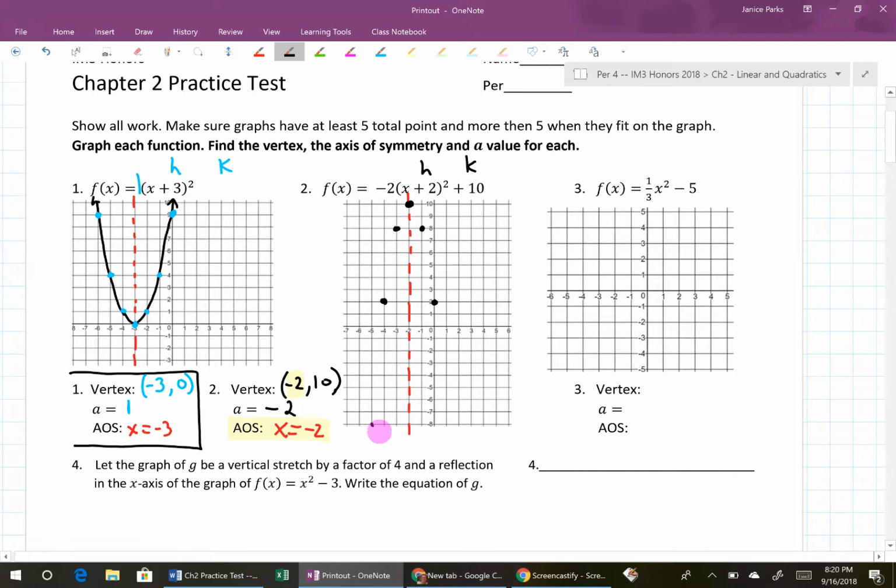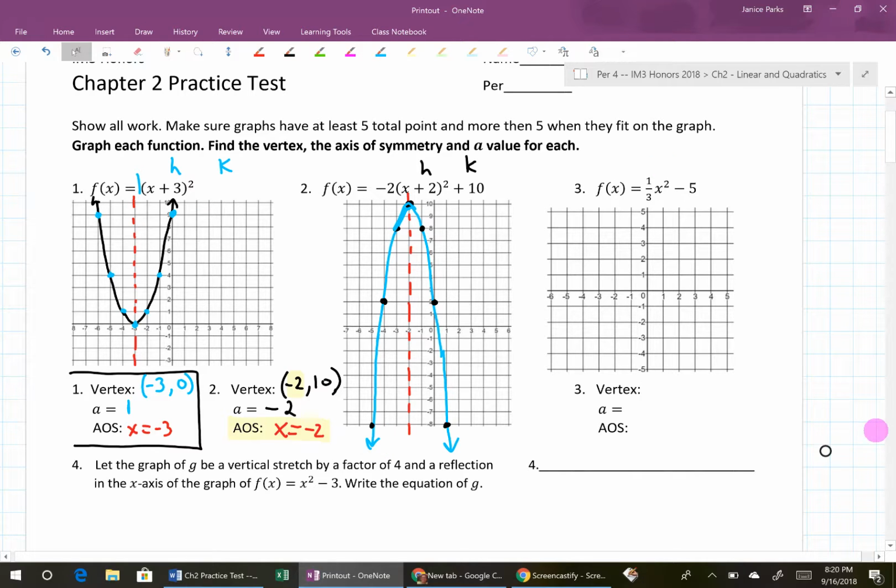So it does fit on this graph. So you need to put it on a graph if it fits on there. Connect the points. Make sure that it's rounded, not pointed. I know it's not super easy to draw. And that would be the second one.